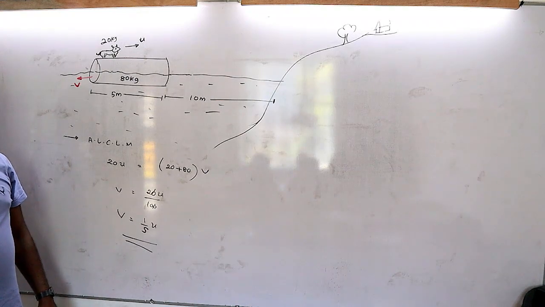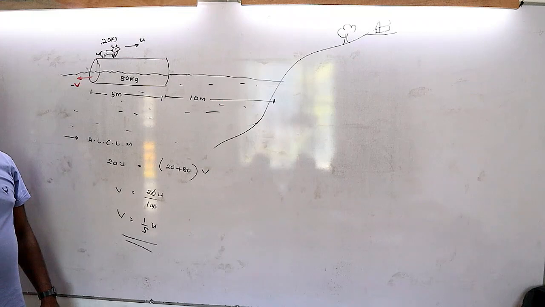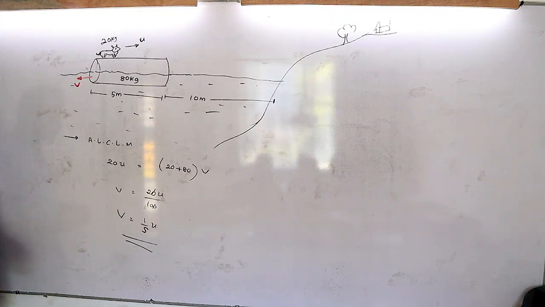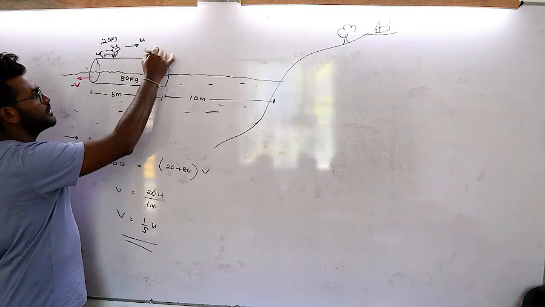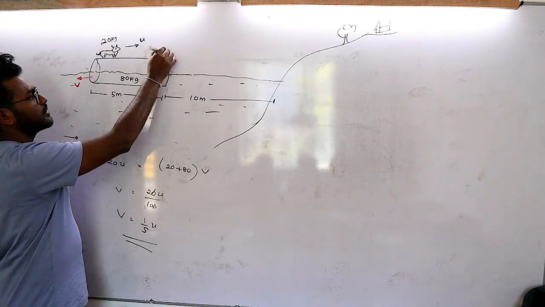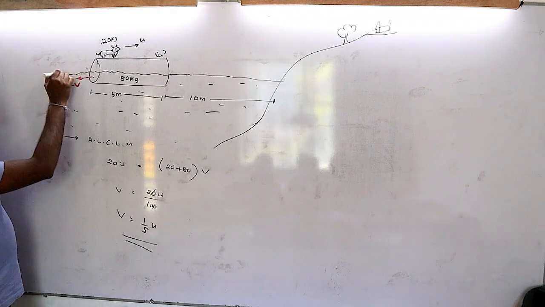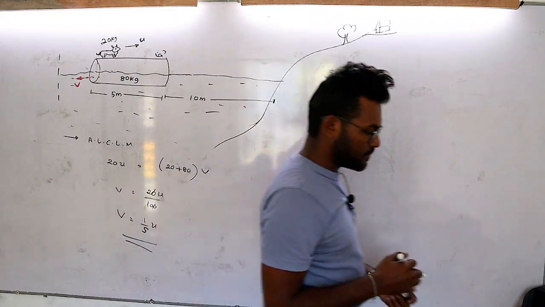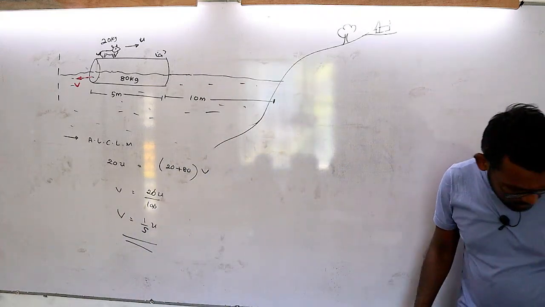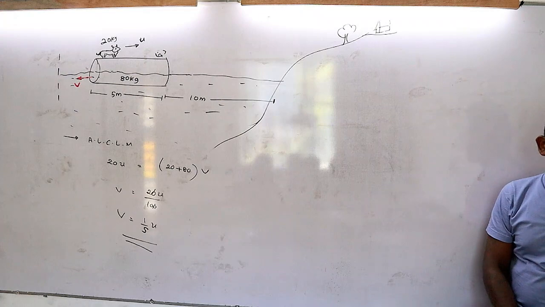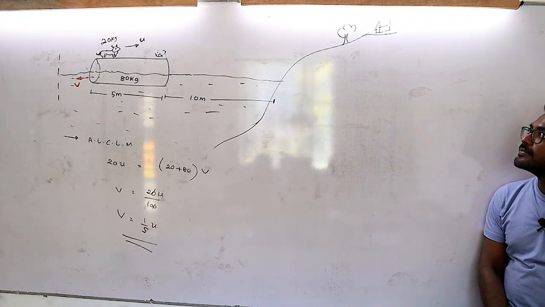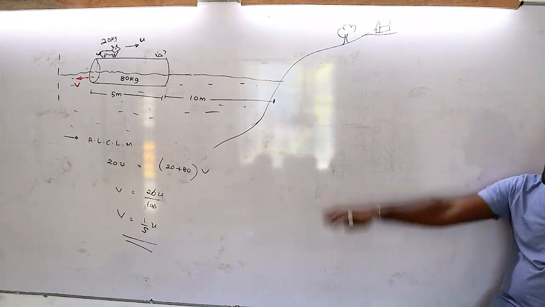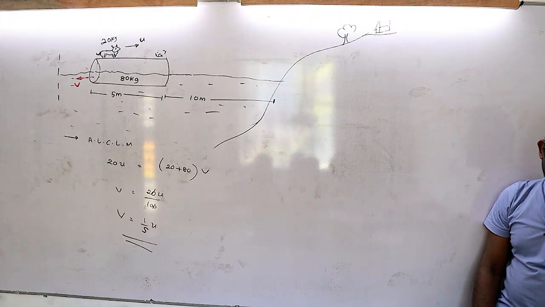How to do it? Now the dog is here. We're supposed to find how far this goes backwards. We know both the velocities. One is u, the other one is u over 5.